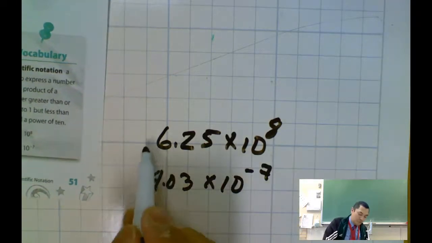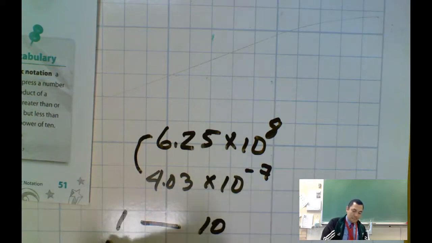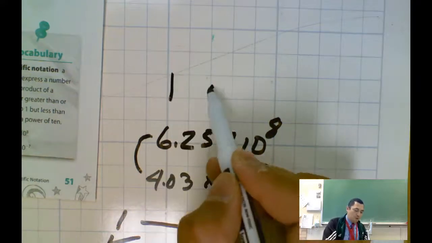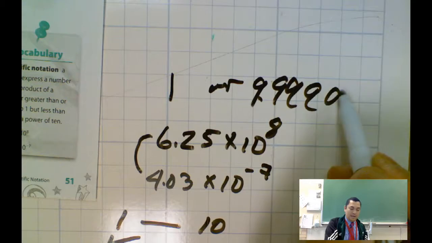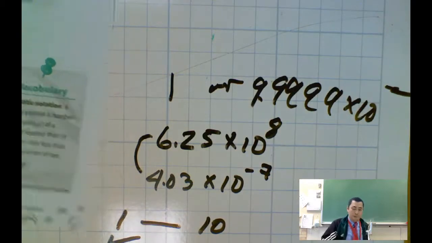As you can see, these two numbers are between 1 and 10. It can be equal to 1 or less than 10, like 9.9999 times 10 to the whatever number over there that we are going to review.